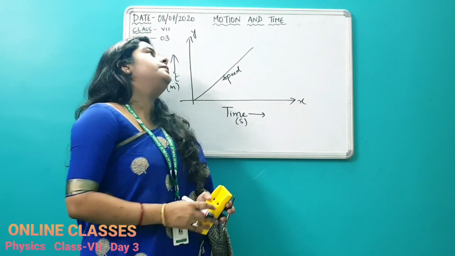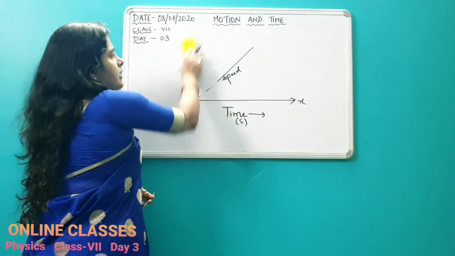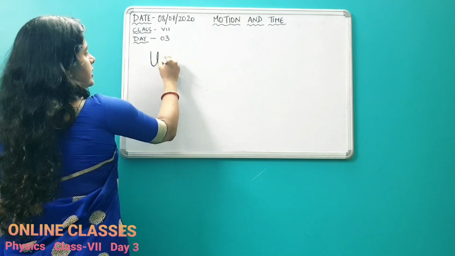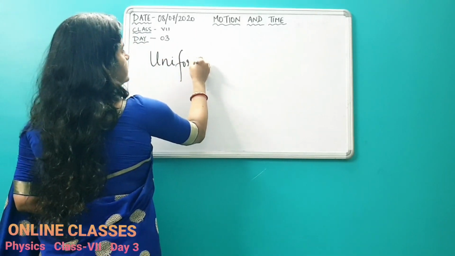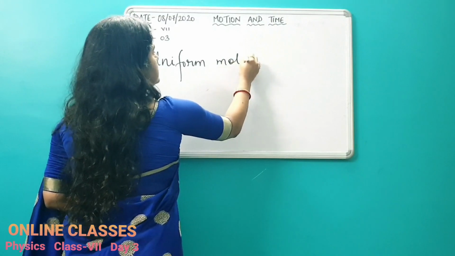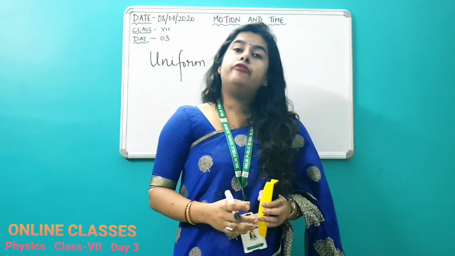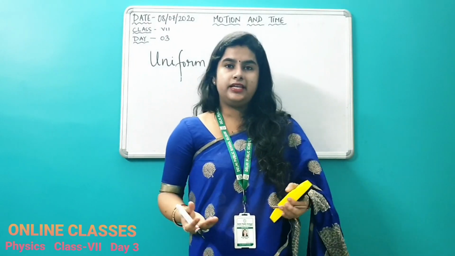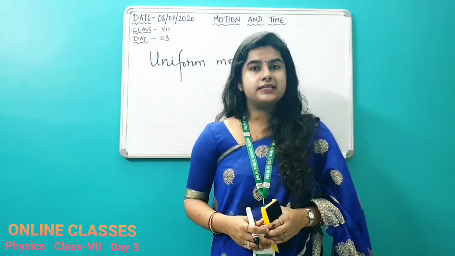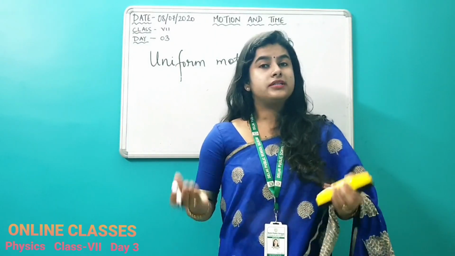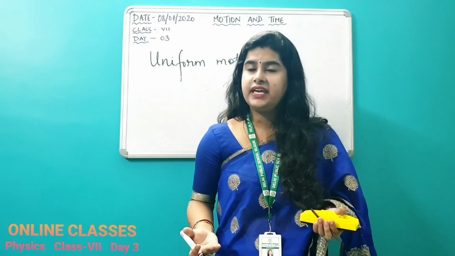Okay? So before this, let me tell you what is uniform motion. Uniform motion is a motion in which a body covers equal distance in equal intervals of time. Repeat it with me.